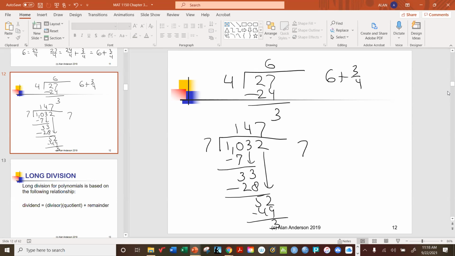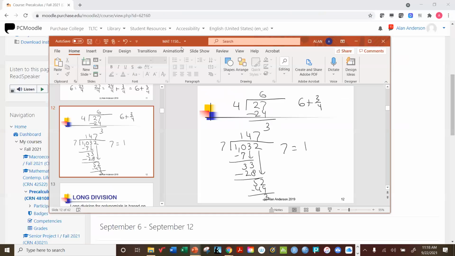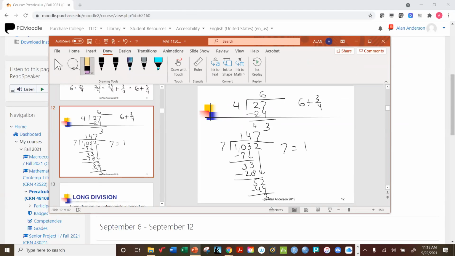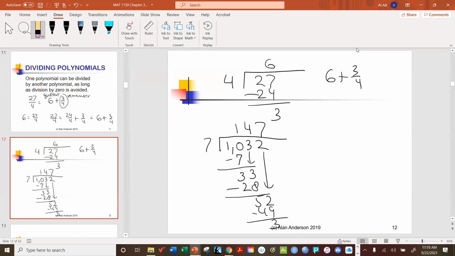So 1032 over 7 can be written as 147 plus 3/7.